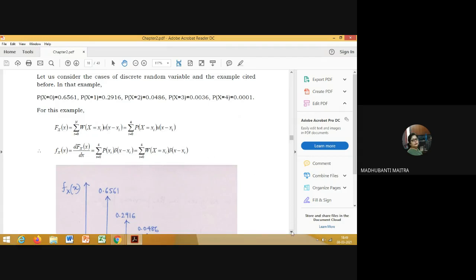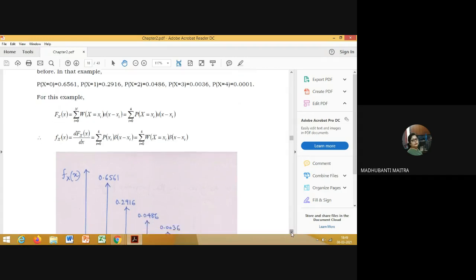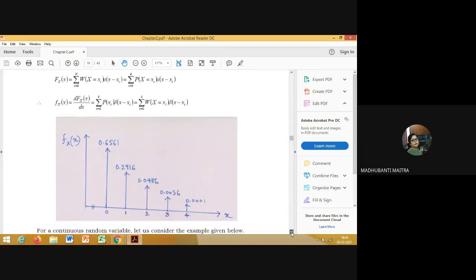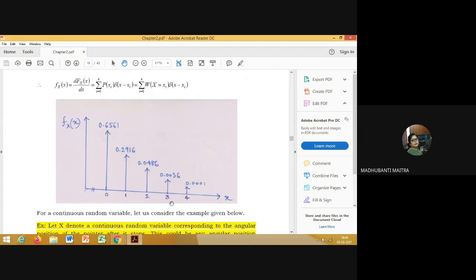So the density function for this particular example, where we considered the discrete random variable, can be drawn like this, right?